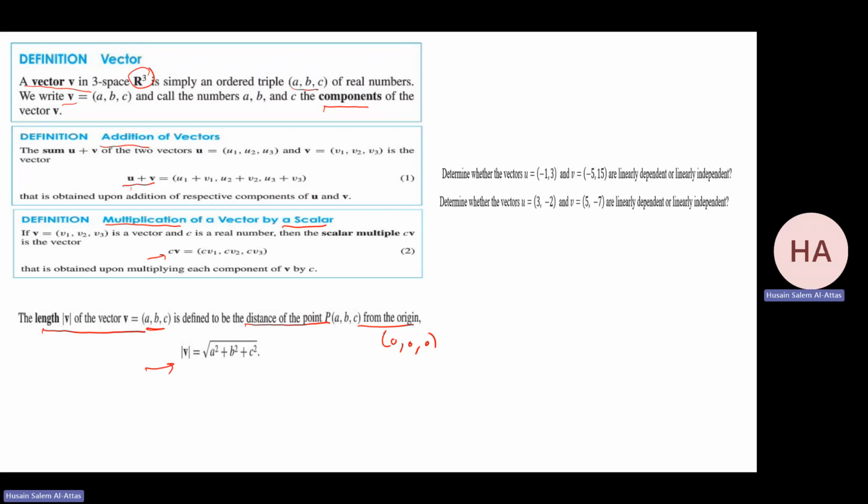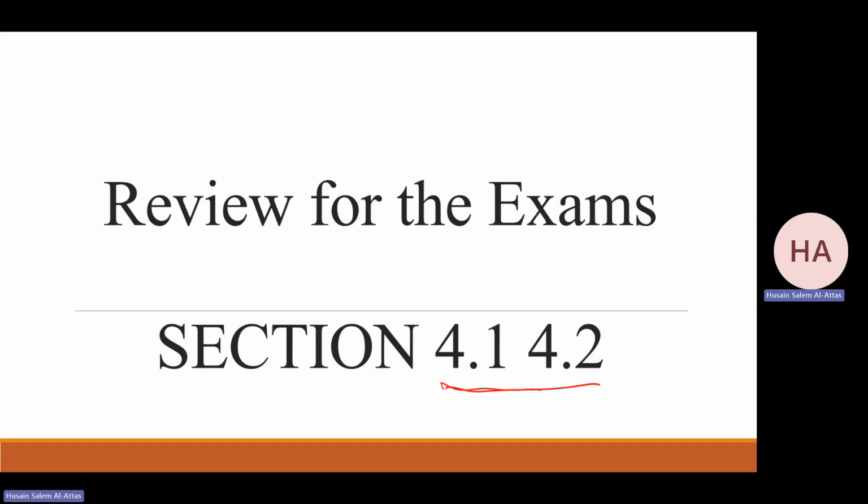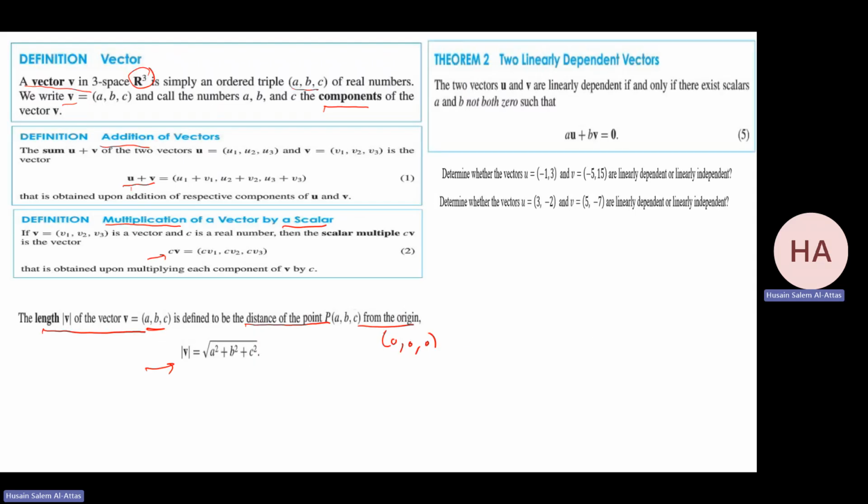We start with R2 or R3; we can define R2 the same way. Then we are concerned about whether vectors are linearly independent or linearly dependent. If you have two vectors, it's easy to figure out: check whether one is a multiple of the other. You can check it just by looking.